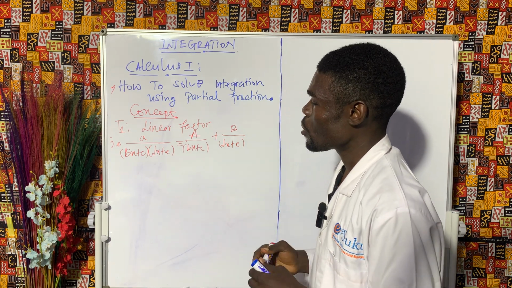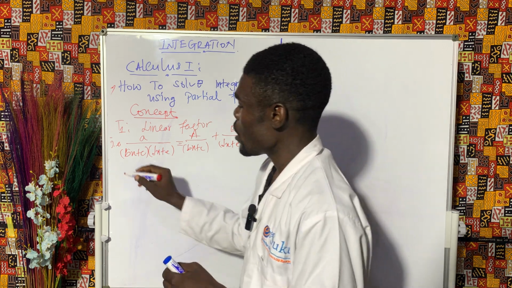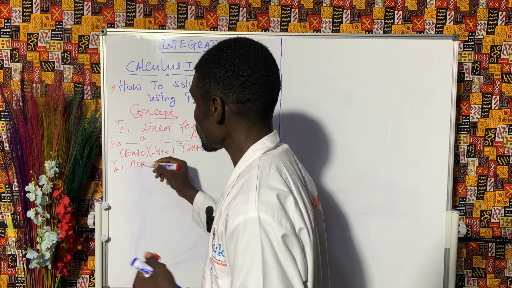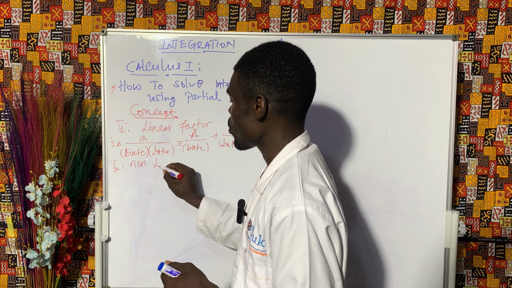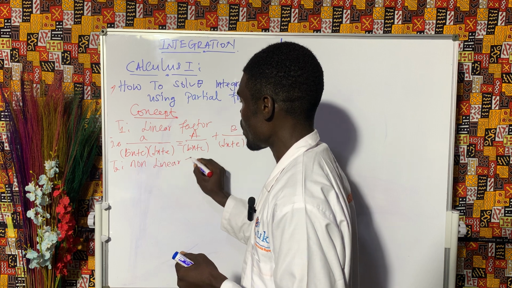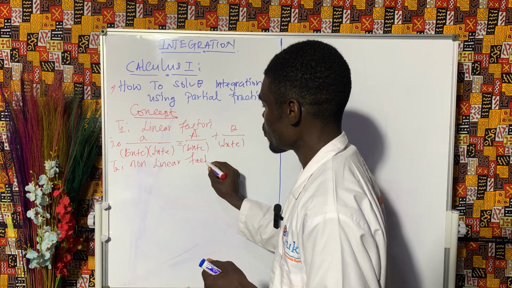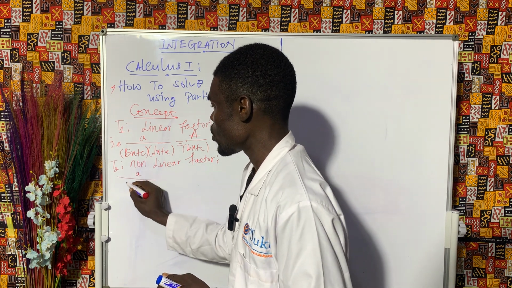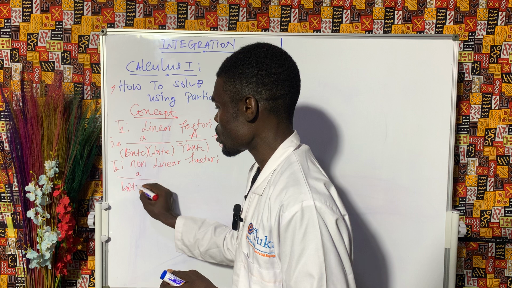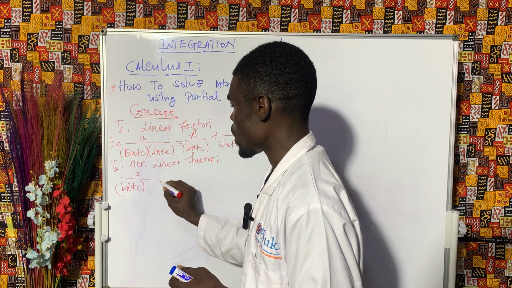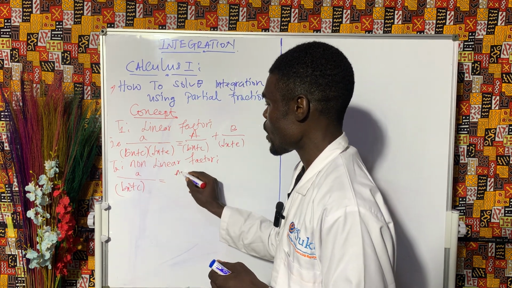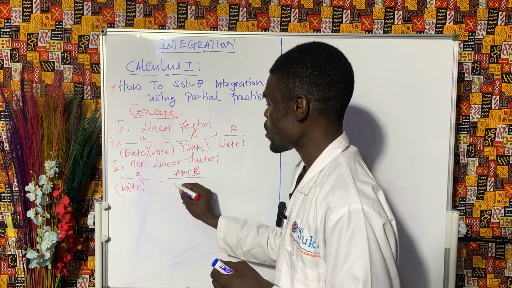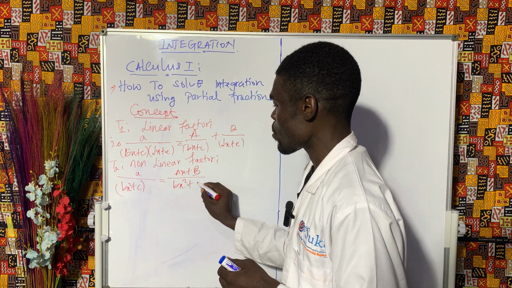at the bottom. For type 2, we have the nonlinear, also known as the irreducible factor. If you have an expression with bx squared plus c, we can decompose it as (ax plus b) over bx squared plus c.